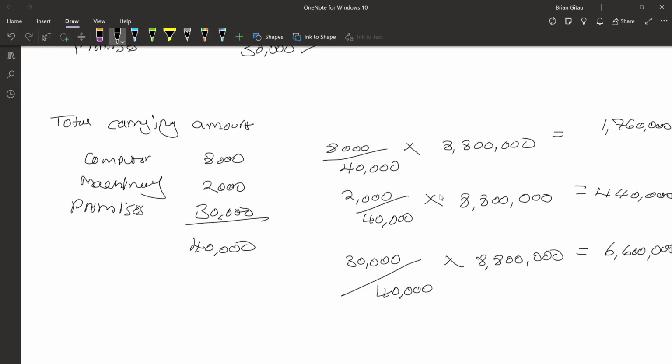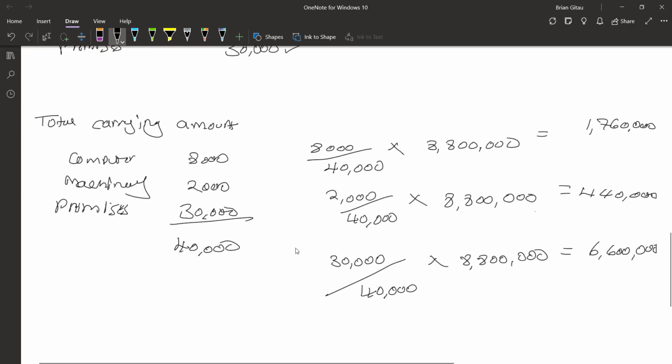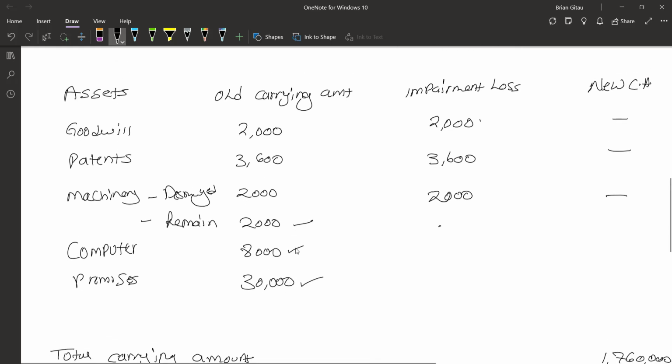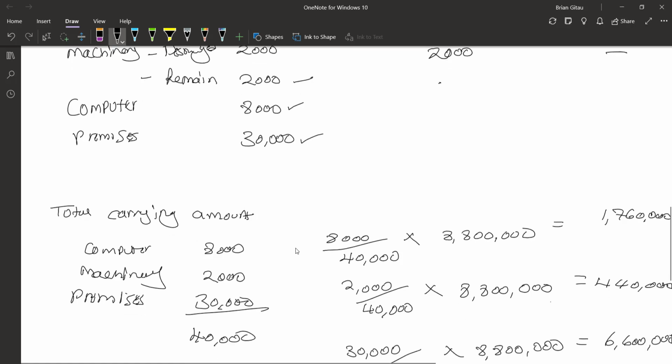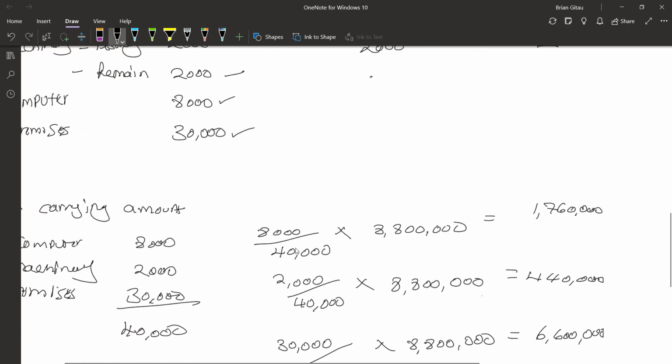Now that is the value of the impairment for each of those assets. So the remaining machinery, we have 440.